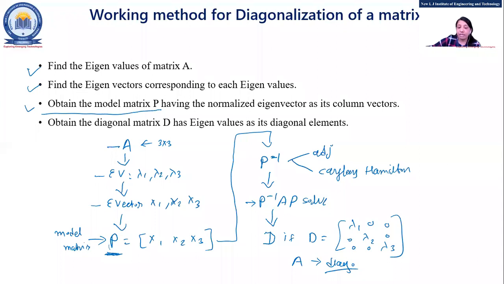If you get a matrix of the form lambda 1 0 0, 0 lambda 2 0, that means the diagonal elements are the eigenvalues, so you have proved P inverse AP equal to D.